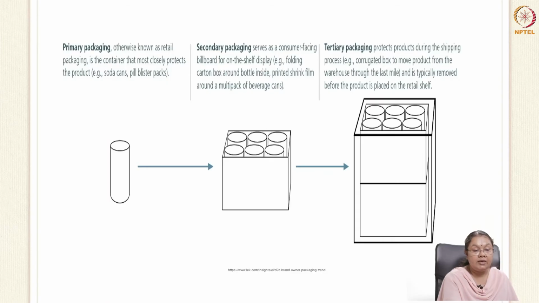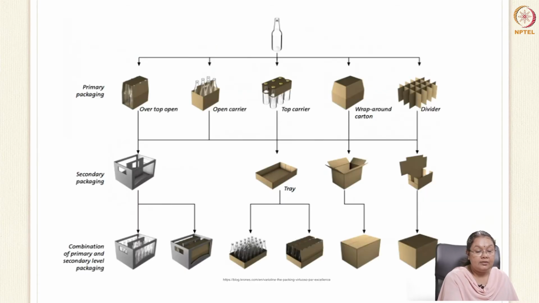And then tertiary packaging is very important during stacking, where more boxes are stacked over one another, and the bottom layer should be able to withstand the shock from above. These are different types of packaging, but one thing you have to note here is that it is not the food content, it is the bottle inside, and that bottle has to be protected. The bottle is the container and it is going to the consumer or to the processor where the contents will be filled inside.